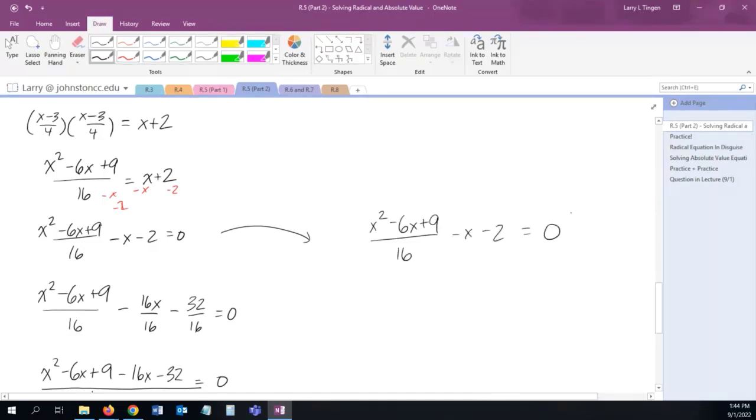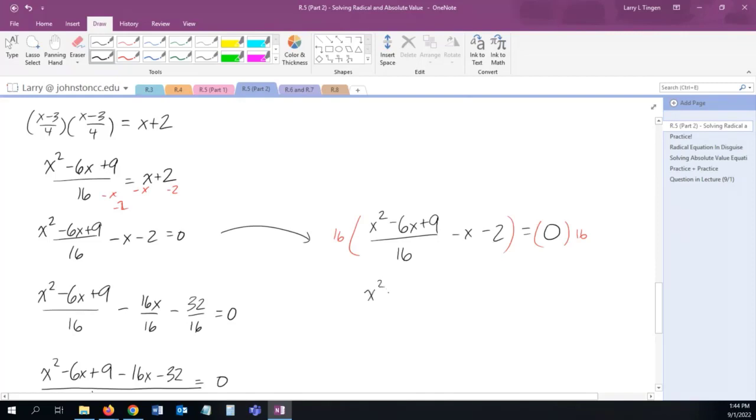Whenever you have rational equations, rational expressions, there are always two ways to handle them. You can either get everything on one side to have the same denominator, or you can clear the denominators. You do that by multiplying both sides by the LCD. The negative x and the negative 2 are all over 1, so they don't have anything to add to it.